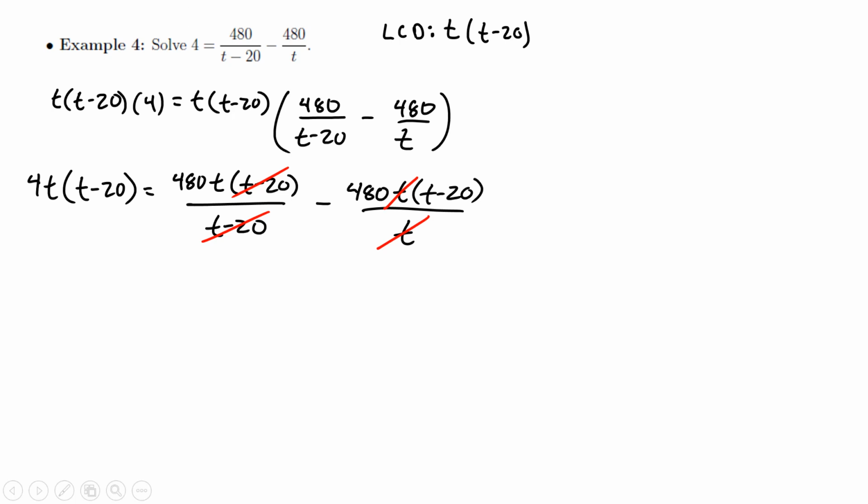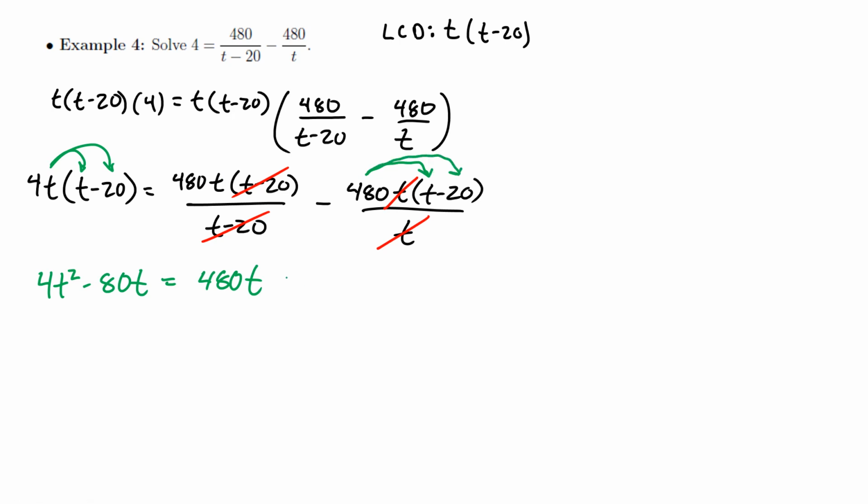So on the left side, I end up with a quadratic over there. So here I have 4t squared minus 80t. And 480t is what's left here. And then I've got to distribute negative 480 through to both of those, right?